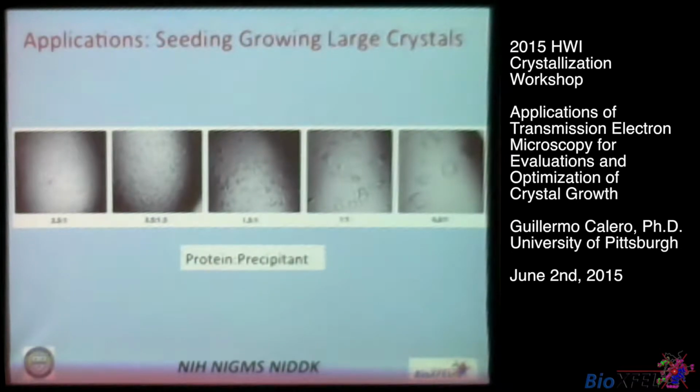Also, if you use seeding with a fixed number of seeds, by varying the protein to precipitant ratio, you can get these collections of crystals. We call them catalogs. In this case, what you see here is 2.5 to 1 protein to precipitant. You can see the large number of crystals.